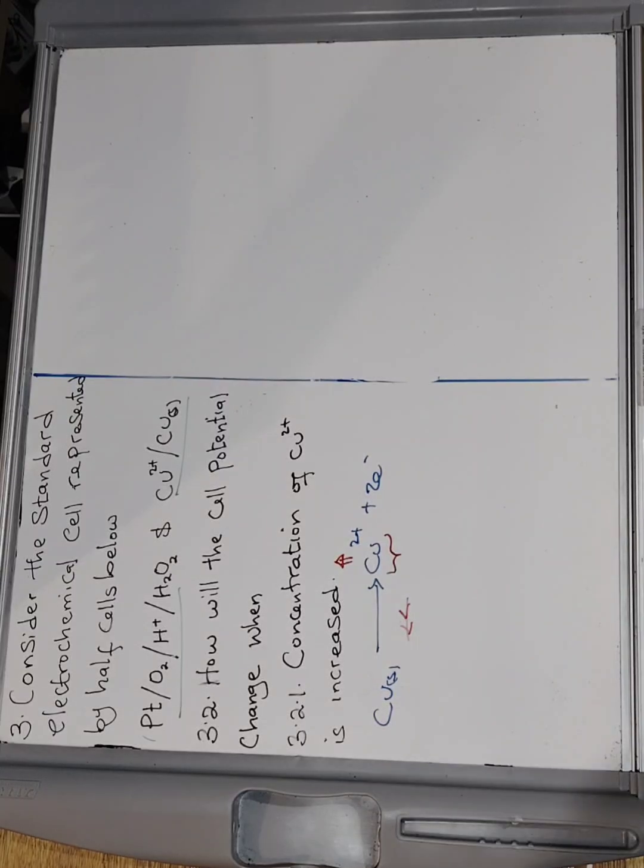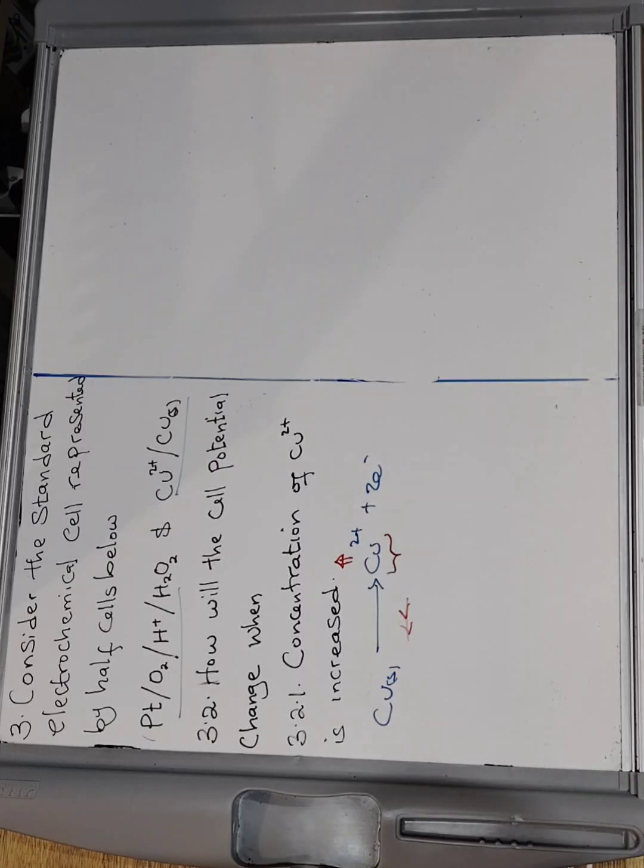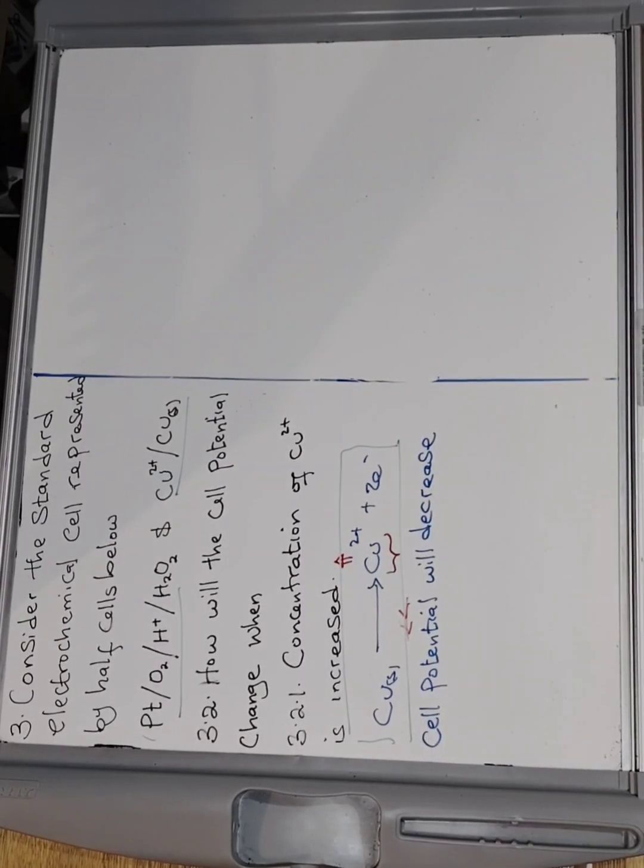And you have to know that any situation which favors reverse reaction decreases cell potential, and any situation which favors forward direction increases cell potential. So because reverse is favored here, cell potential will decrease. Then we come to the next question.